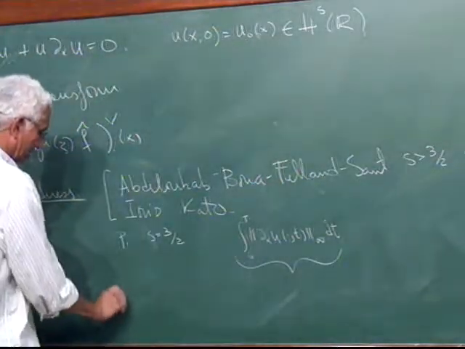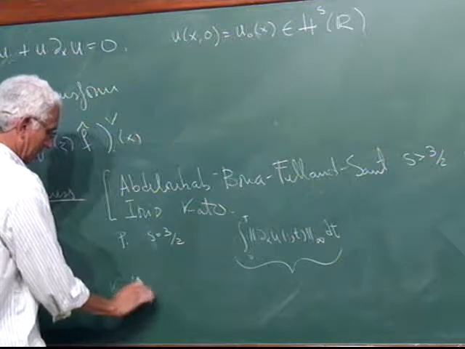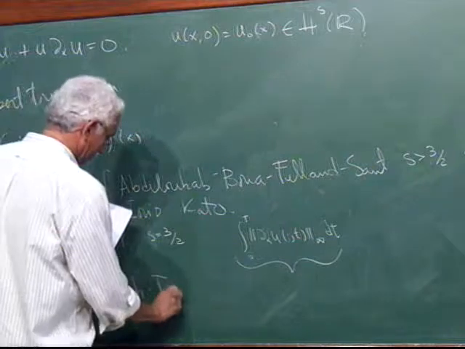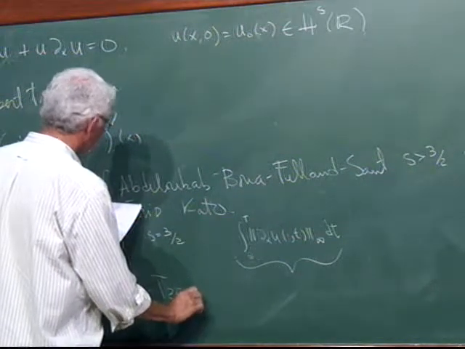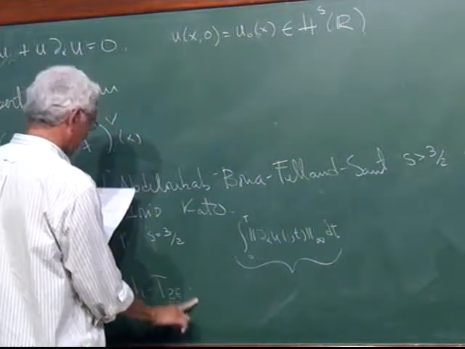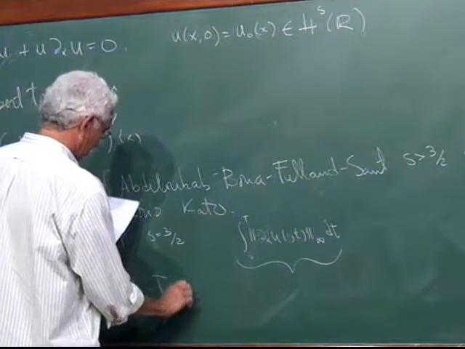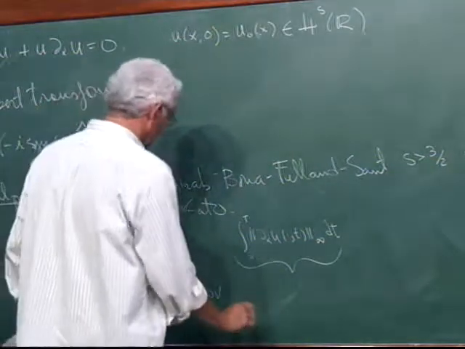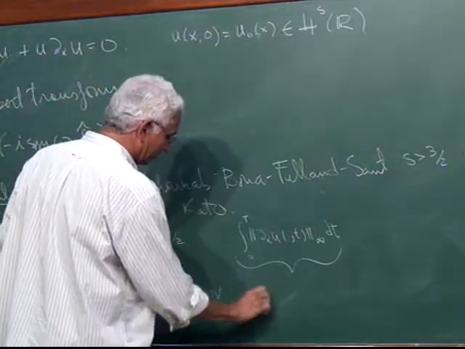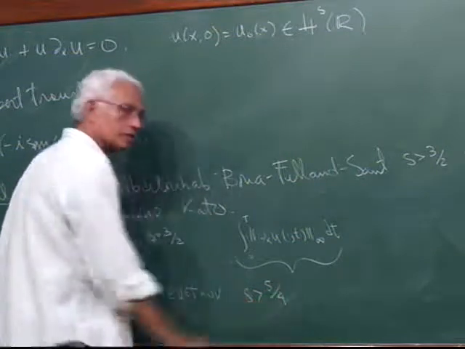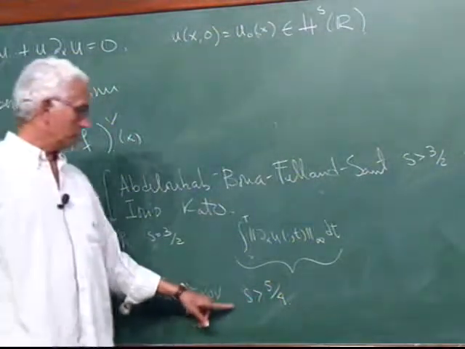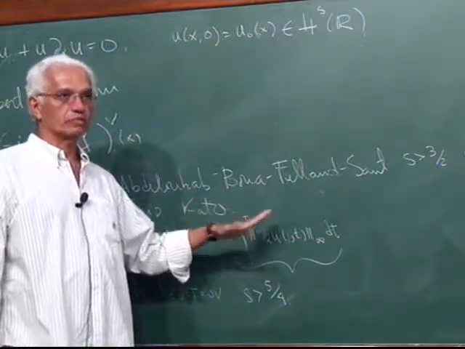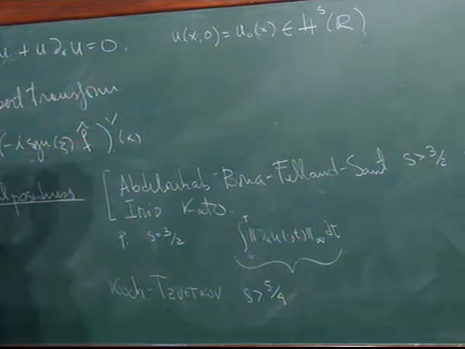Okay, it came out that Koch and Tzvetkov proved that s more than 5/4 is enough. The idea is that you really control this, and you do something more sophisticated than a Strichartz estimate.